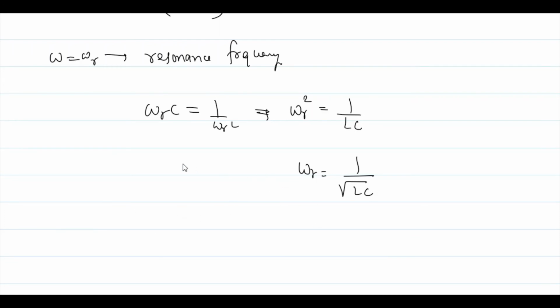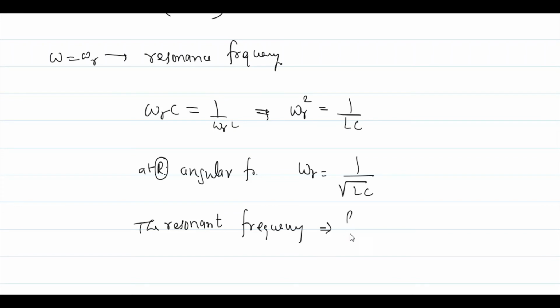At resonance, the resonant frequency is given by FR equal to 1 divided by 2 pi square root of LC.